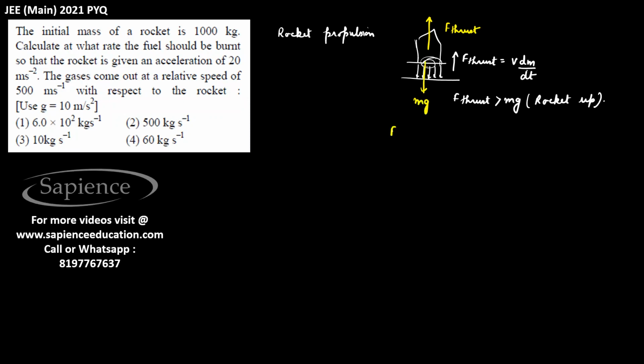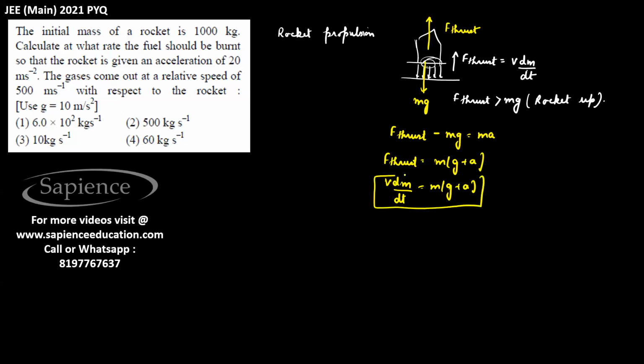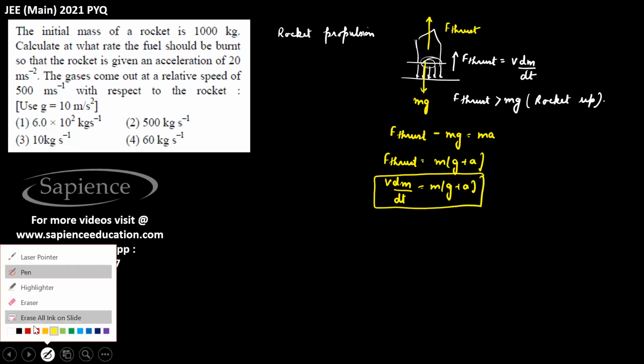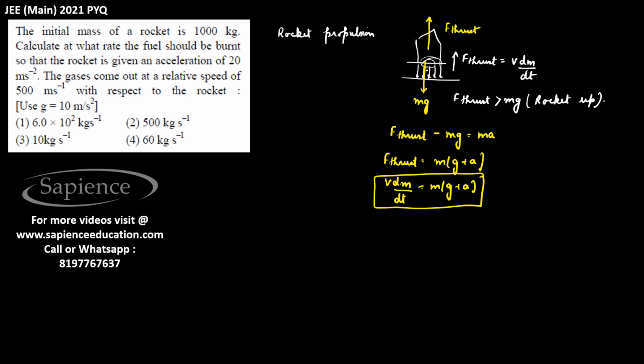So the equation becomes thrust minus mg equals ma, and the basic equation for rocket propulsion is m into g plus a, which can be written as v dm by dt equals m into g plus a, where v is the relative velocity of exhaust gases, because the velocity of gases is responsible for the thrust force, as the gases exert equal and opposite force on the earth.